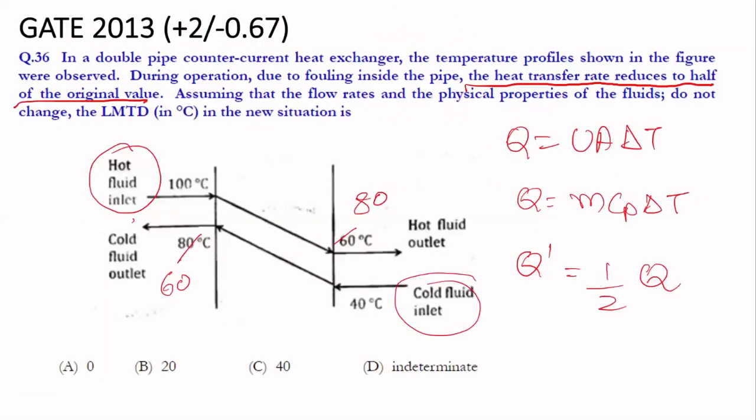The delta T on the left hand side is 40, on this side is 40. So when delta T1 is equal to delta T2, delta T LMTD is equal to delta T1, which is equal to delta T2. It's 40.